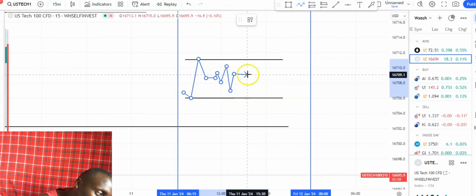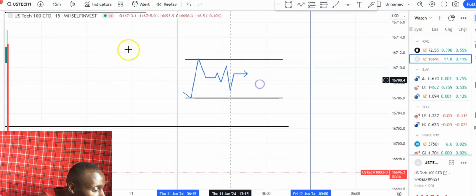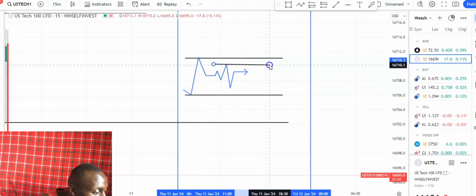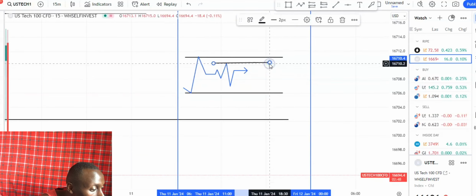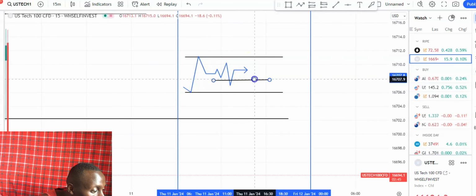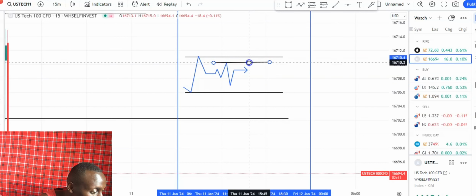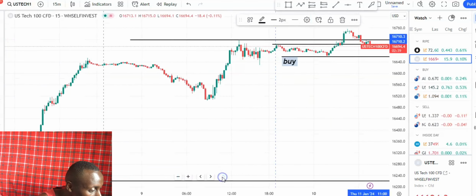When you come to the screen on Wednesday, you have an option of waiting for price at the high or the low of that inside day.